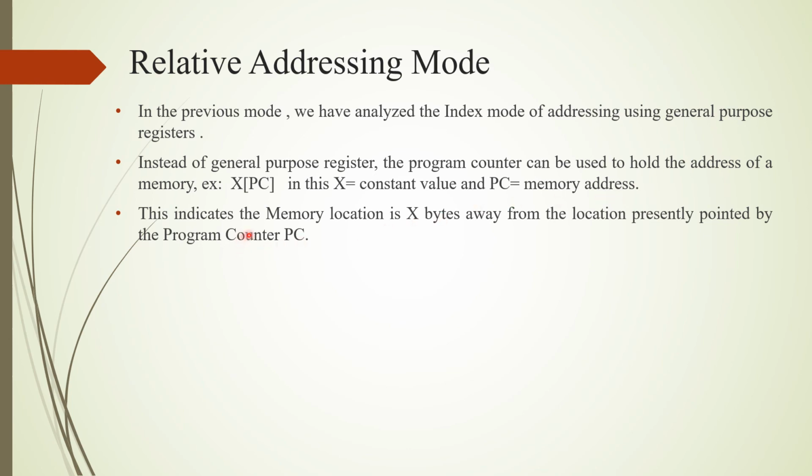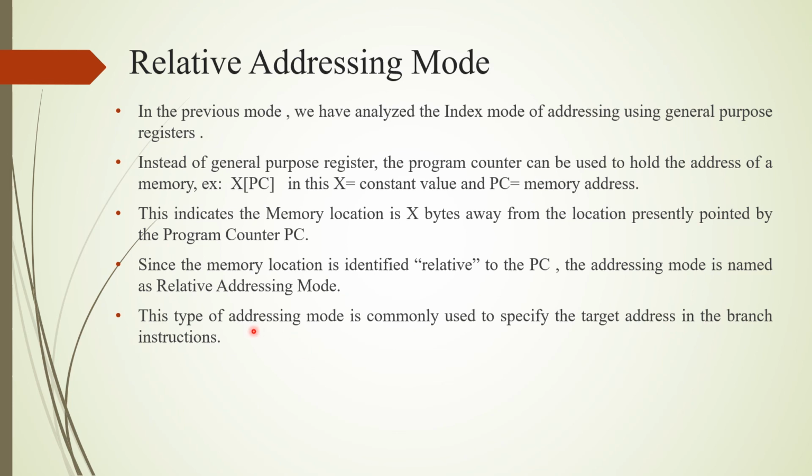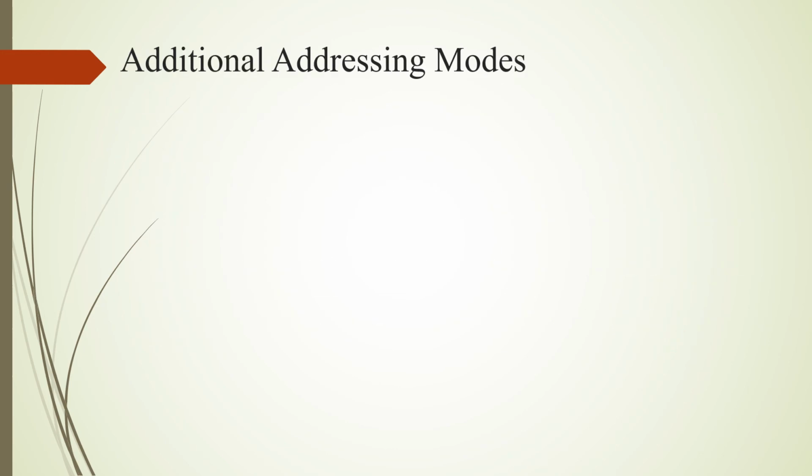This indicates that the memory location is X bytes away from the location presently pointed to by the program counter PC. Since the memory location is identified relative to the program counter, the addressing mode is named the relative addressing mode. This type of addressing mode is commonly used to specify the target address in branch instructions.